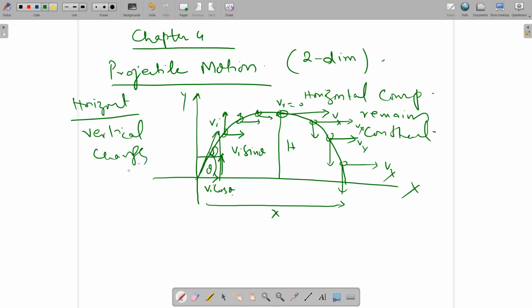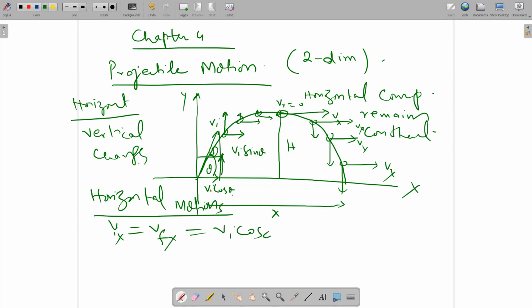So what will you do? First, we will see the equations for the horizontal motion. In horizontal motion, the equations are Vix is equal to Vfx is equal to Vi cos of theta.